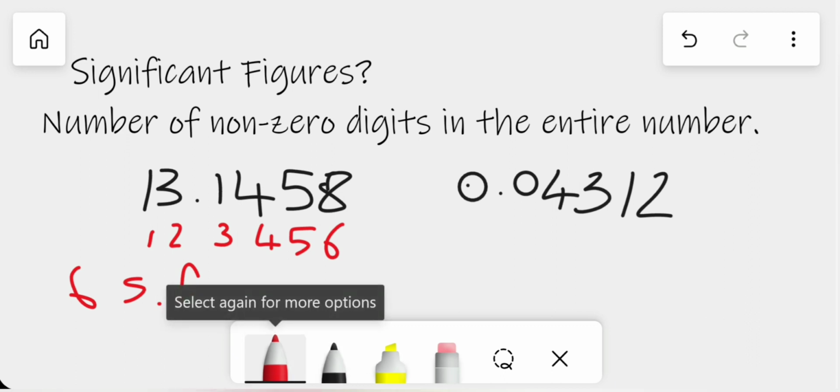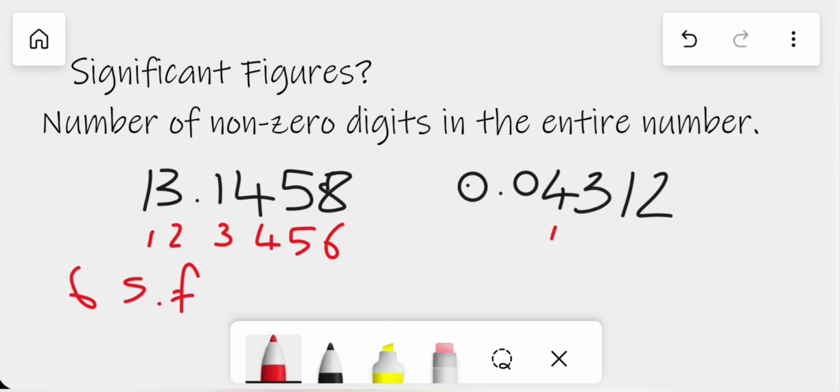So this 0 right here would be insignificant based on definition. Also, this 0 right here. However, this 4, which is the first one, and this 3, and this 1, and this 2, would end up showing the result of how many significant figures we have, which is, yes, you guessed it, 4 significant figures.